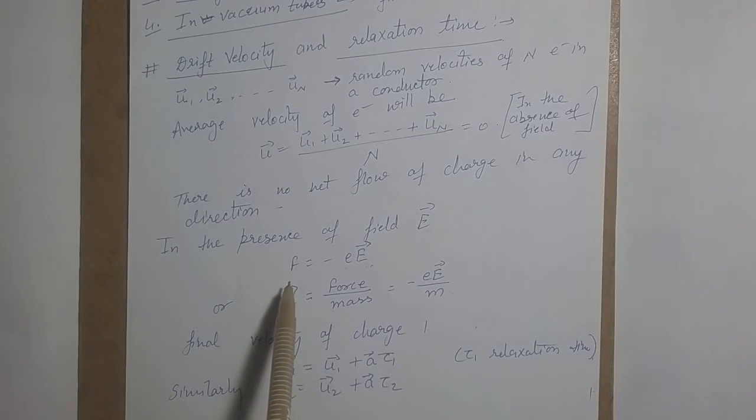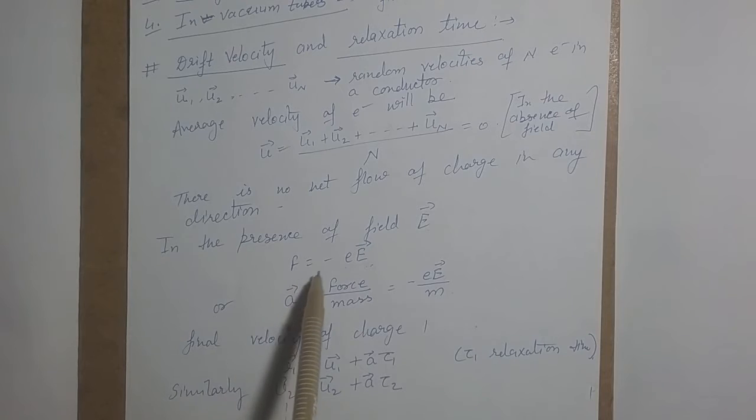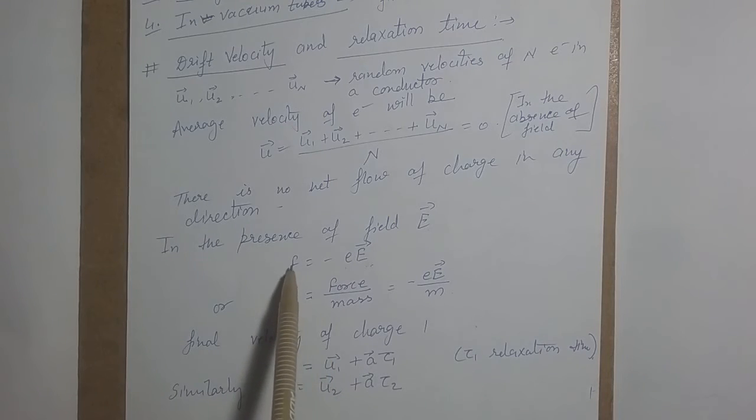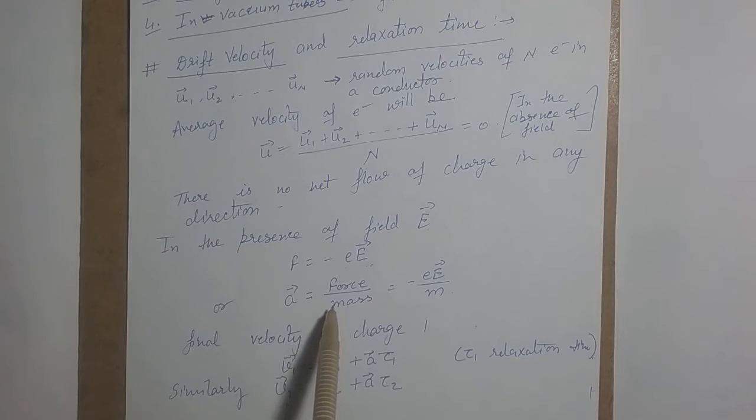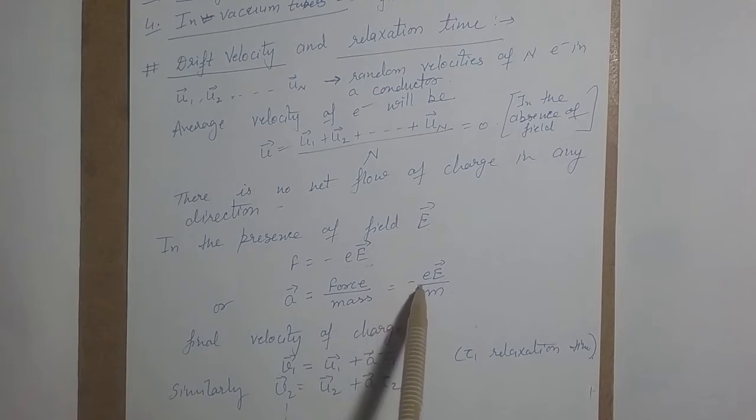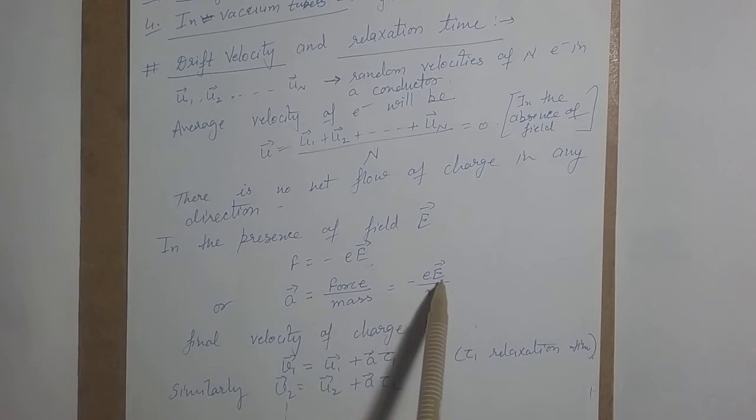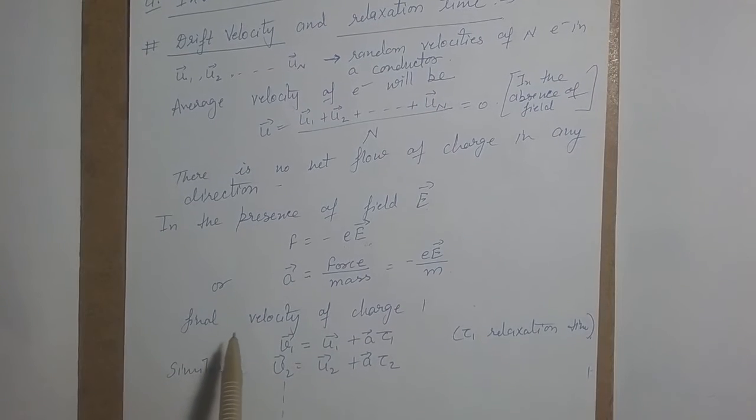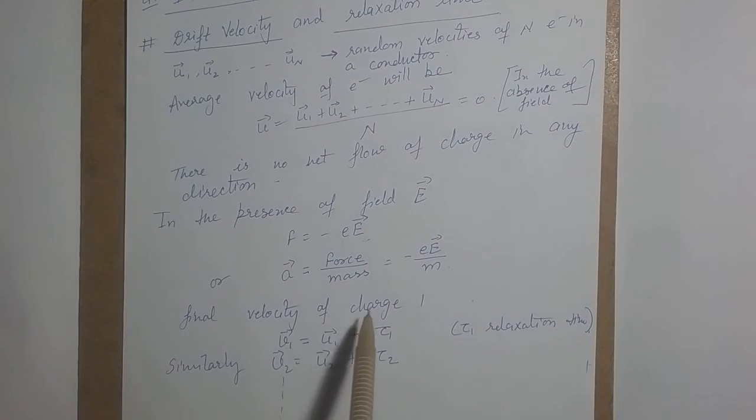Now we know that according to Newton's second law, force is equal to mass into acceleration. From here, acceleration will be force upon mass. So what is force? Force is minus eE, that is charge into field strength, divided by mass. Now what will be the final velocity of the charge carrier?